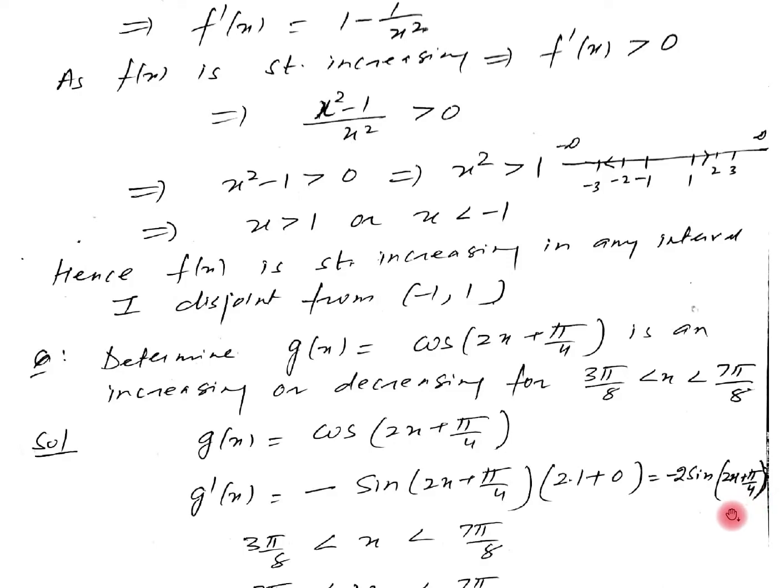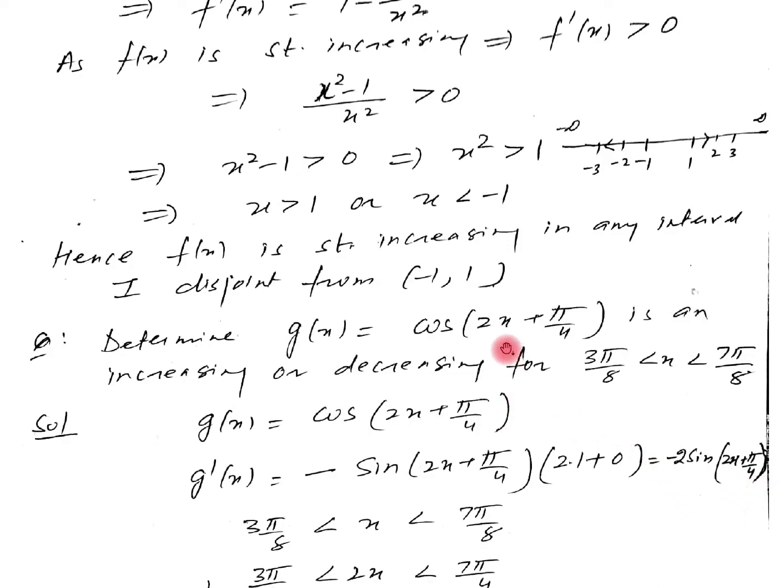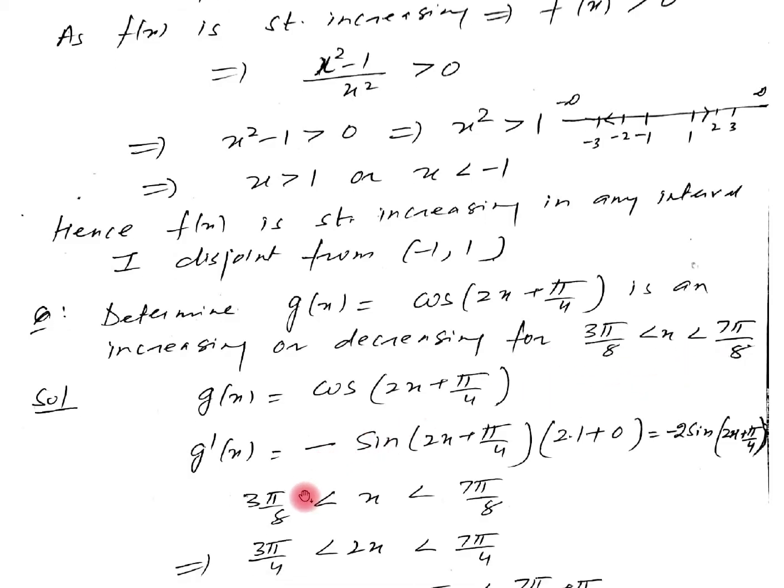Let us see further how to do the question. Now we have to check whether it is increasing or decreasing in this interval. Our interval is this: x lies between 3 pi by 8 and 7 pi by 8. But we want this angle, 2x plus pi by 4. We should convert this angle to that angle.